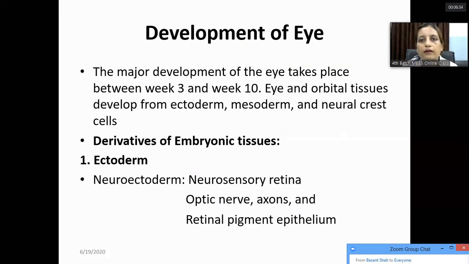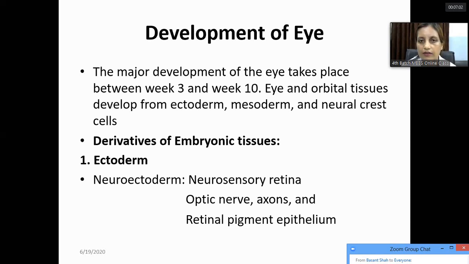For the development of the eyeball, grossly we divide its different derivatives from different structures. One or two questions may come for MCQ, but you don't have an MCQ pattern; still, it may be needed later, and sometimes it is required for lens development.